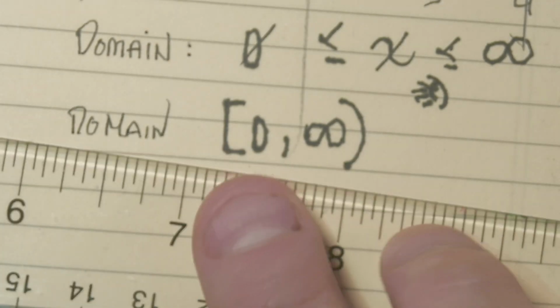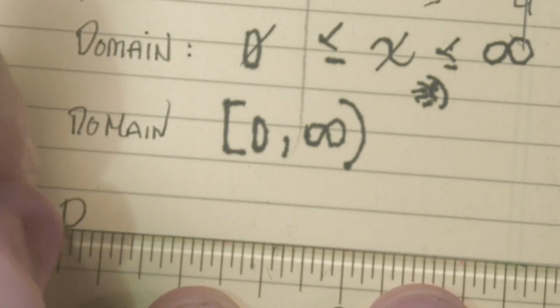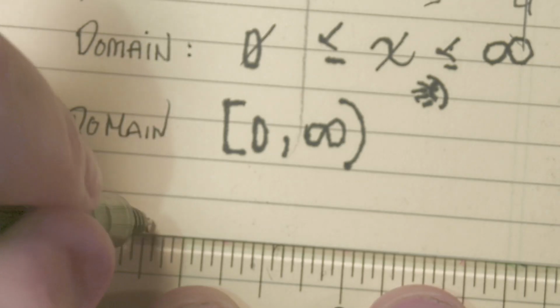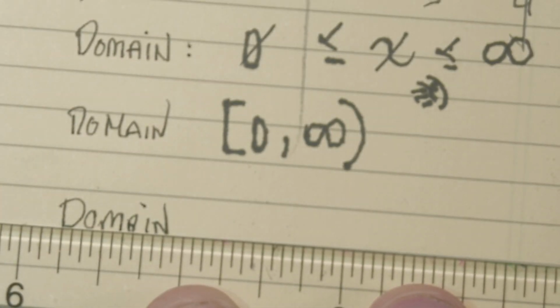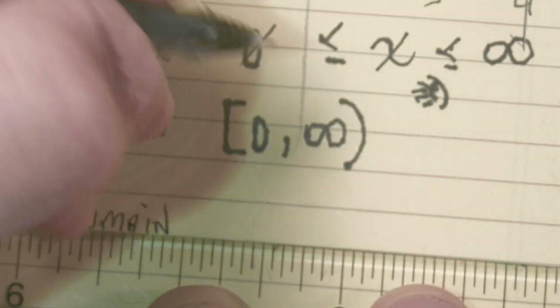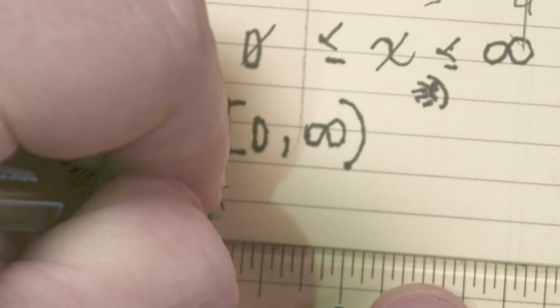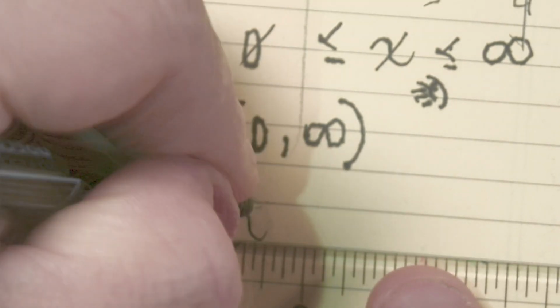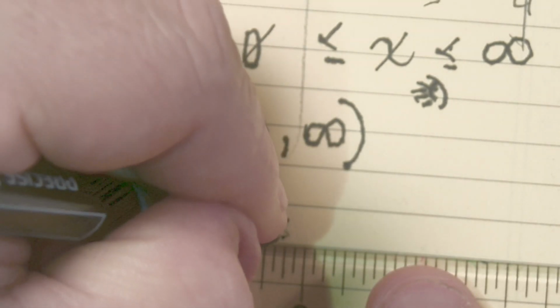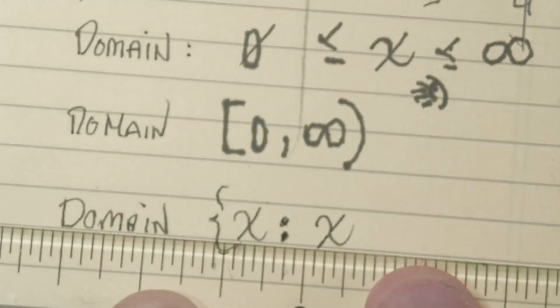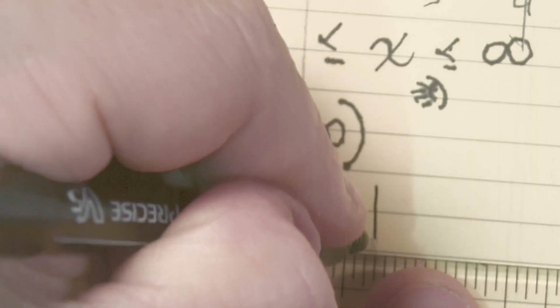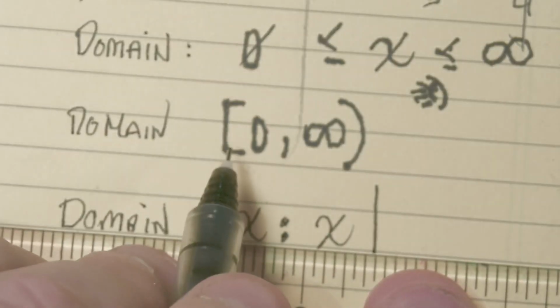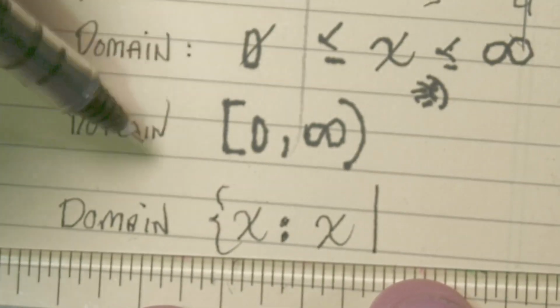Okay. The final way is set builder notation. What you would do there is say the set, these curly braces, the set of all x such that x can take the following values, and then basically you're going to put in one of these two things.